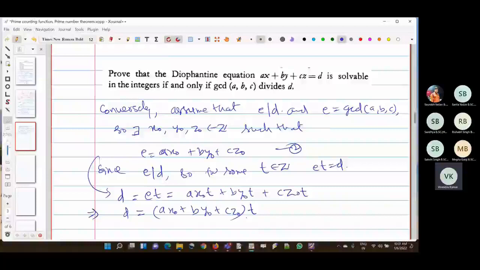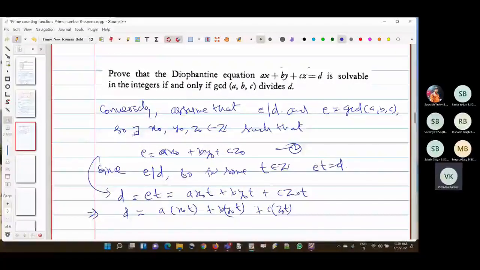Okay, we can write it like this: d = a x0 t + b y0 t + c z0 t.